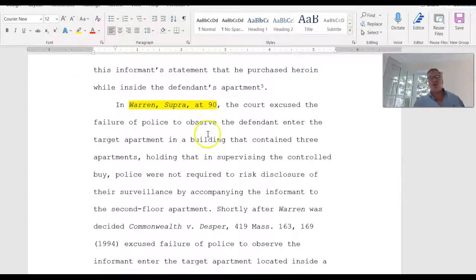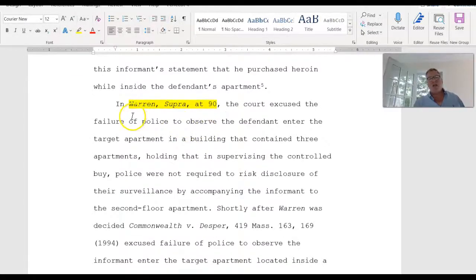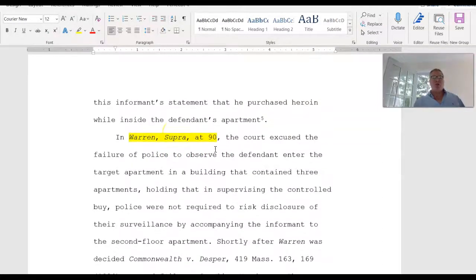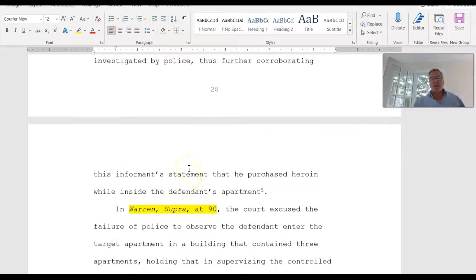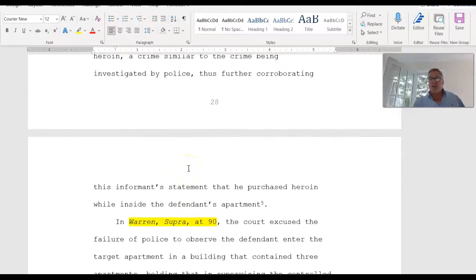So you'll note here I have Warren supra at page 90. That's what 90 means, page 90. I wrote supra because Warren does not occur in the immediately preceding sentence. Warren occurs farther back in the memo.